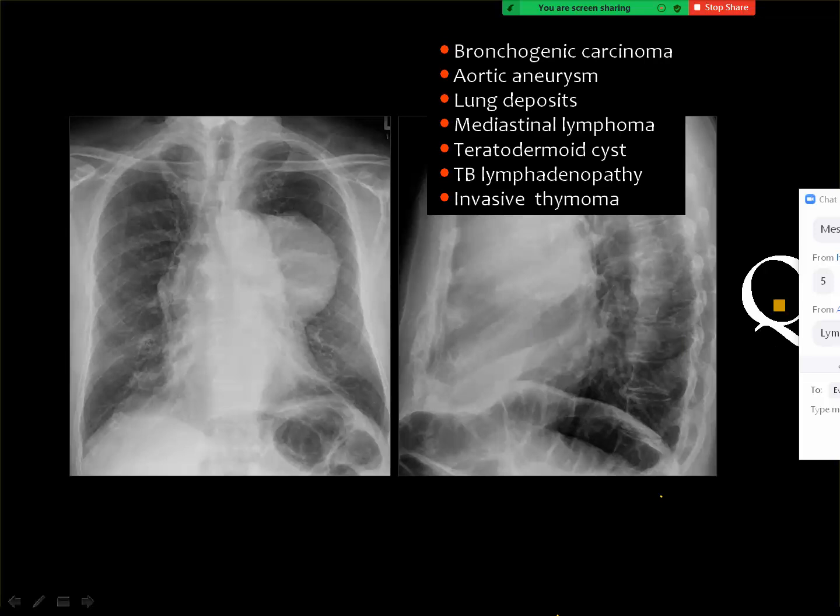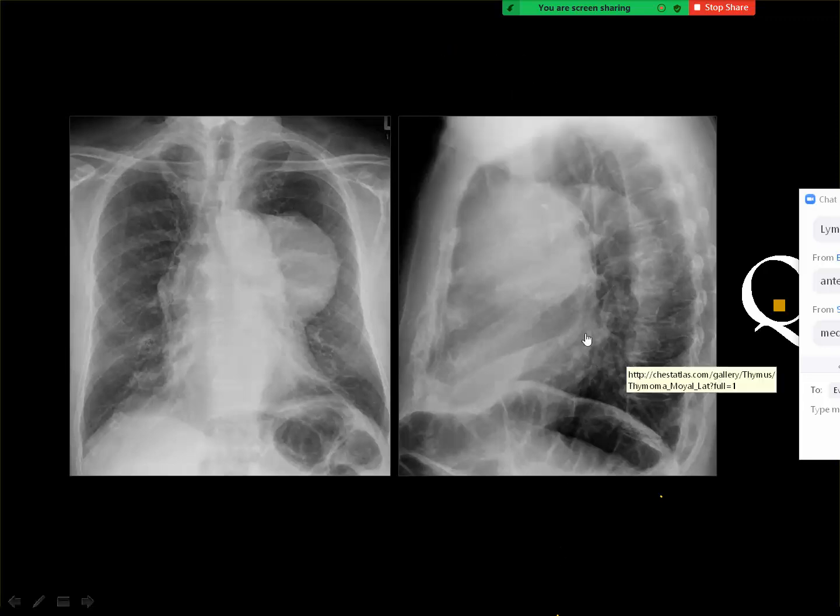Also the possibility of lymphoma, maybe, but I encourage you to diagnose bronchogenic carcinoma, which is the common pulmonary lesion. But if you feel that this lesion is not a lung pathology, and Sarah is giving the right answer, that this is not a lung mass, it's a mediastinal mass, because in the lateral view it's projected anteriorly.